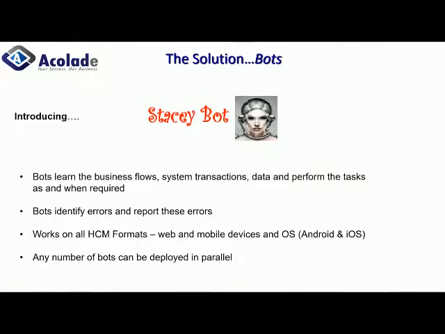Bots identify these errors and report on these errors. Works on all human capital management formats, whether it's web, mobile, Android, and also iOS. And any number of bots can be deployed from anywhere in parallel. So it can be on your cloud, on your on-prem, and so on.